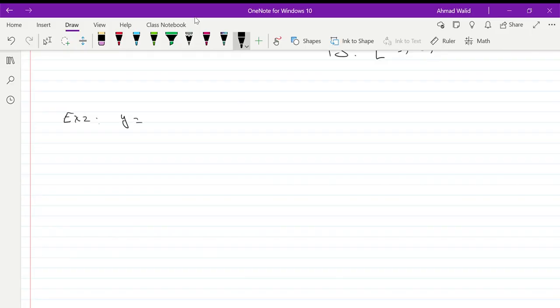Y equals square root of 8 minus x. Look at this. Find the domain, right? Easy. 8 minus x greater equal 0.